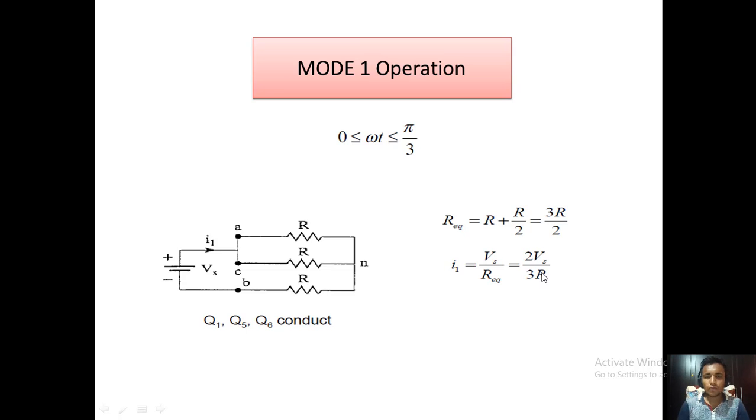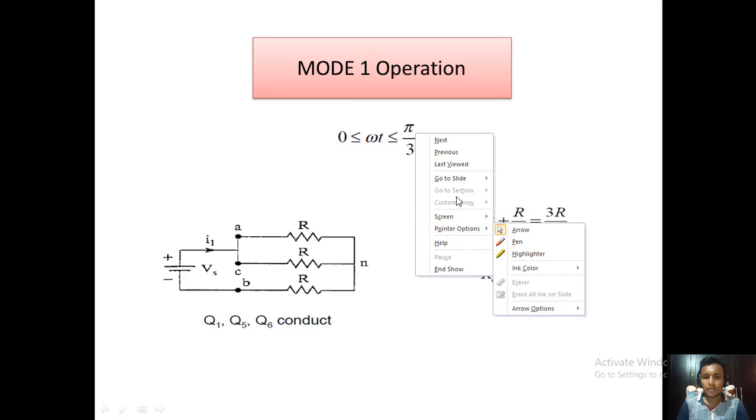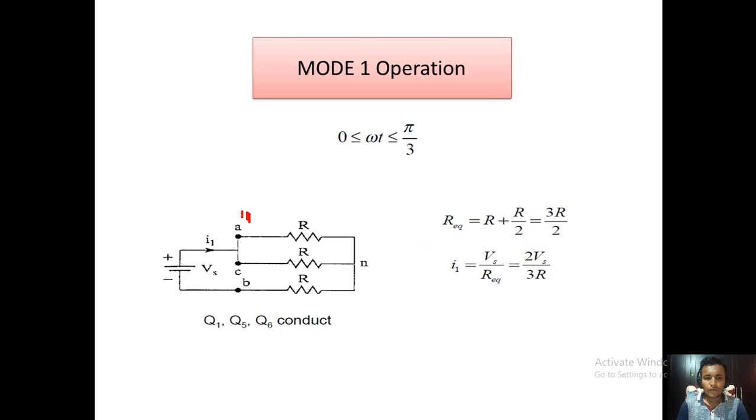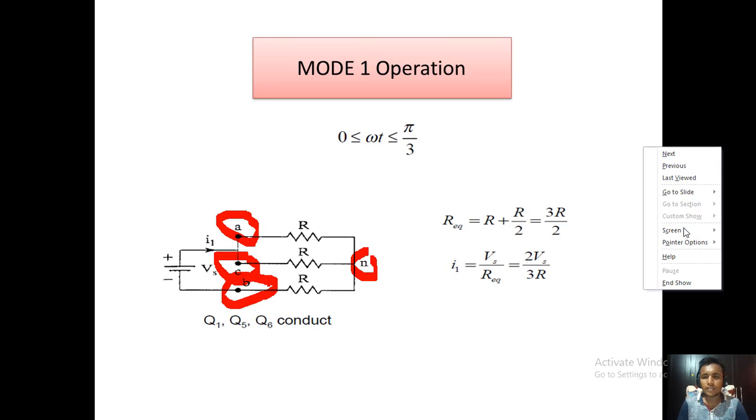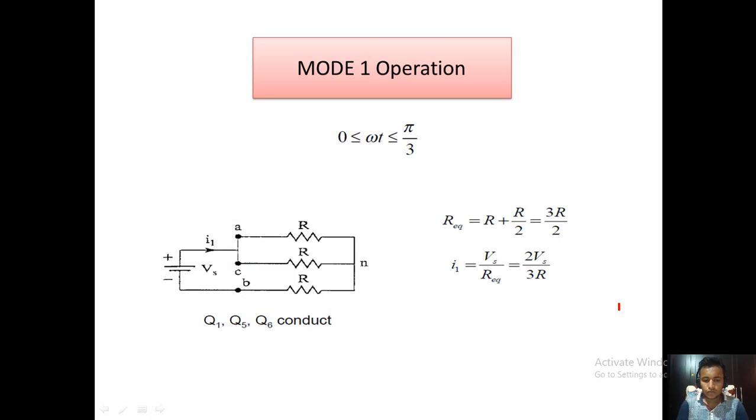Now, if we have to find the phase voltages, here we know that there is phase voltage AN, phase voltage CN, then phase voltage BN. So we have to find these phase voltages. Phase voltage AN and phase voltage CN are the same, because we know that it is a parallel combination, and in a parallel circuit the voltages are the same but the currents differ.